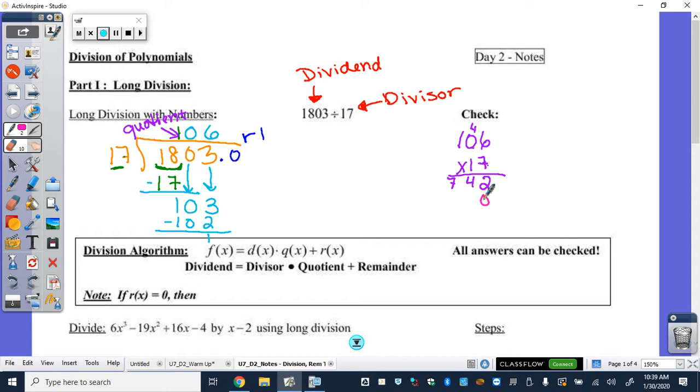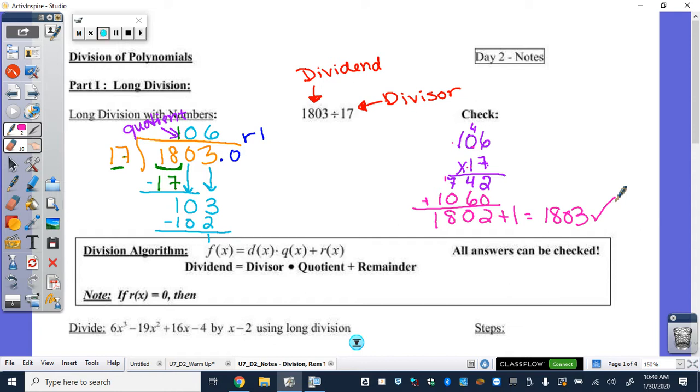Put a 0 there. So 1 times 6 is 6. 1 times 0, 0. 1 times 1 is... Add them together. We get 2, 0, carry the 1, 8, 1. Add in that remainder. And we get what we started with. It was a long time ago.